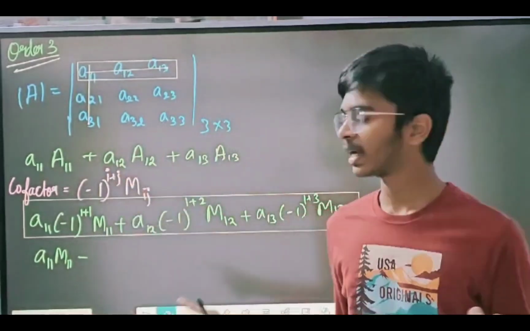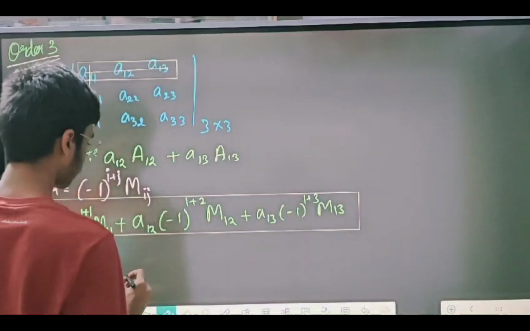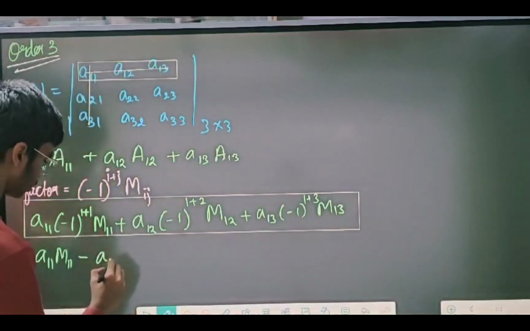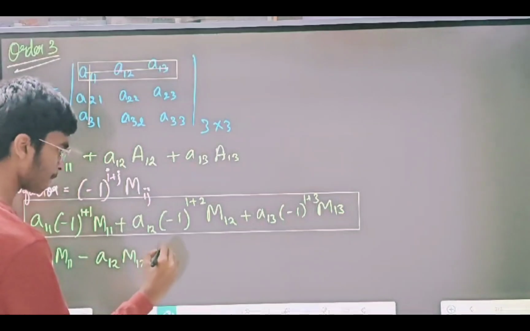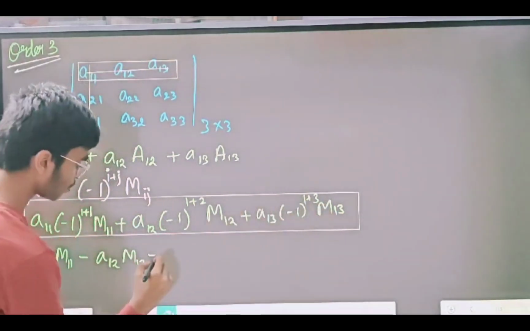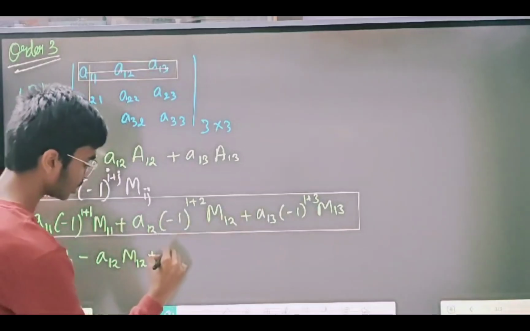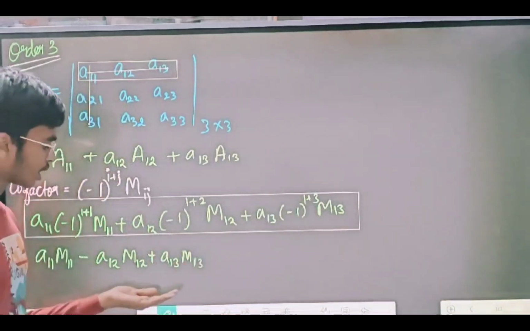And this is 1 plus 3, so that means it will be 4, so plus a13 and minor of 13. Okay, so like this I have written it.